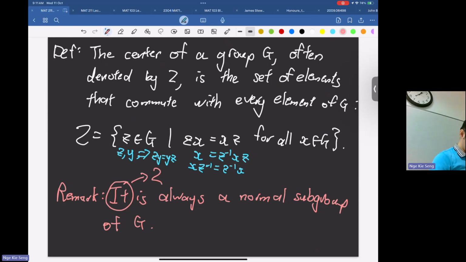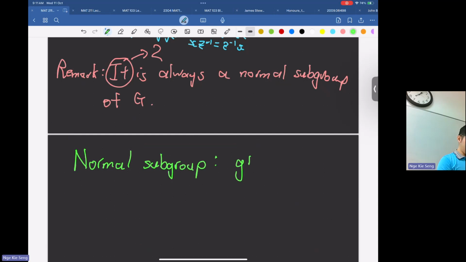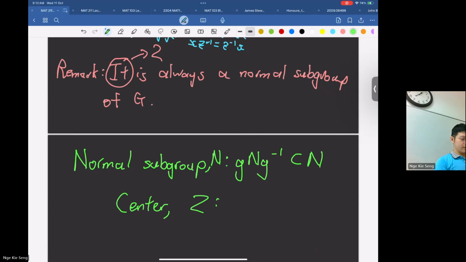Okay, so can you relate this normal subgroup to the center or not? What does normal need to satisfy? Normal subgroup: you need to satisfy that G N G inverse is a subset of N. So this is N. The center Z: ZG equals GZ.